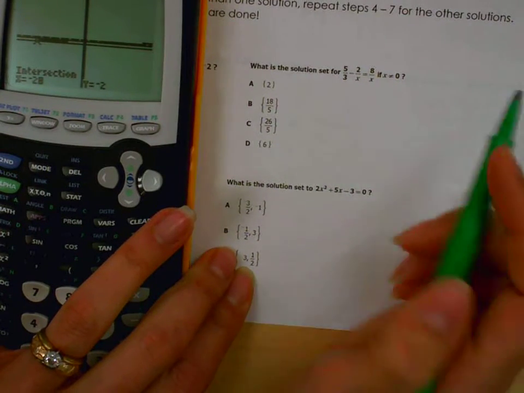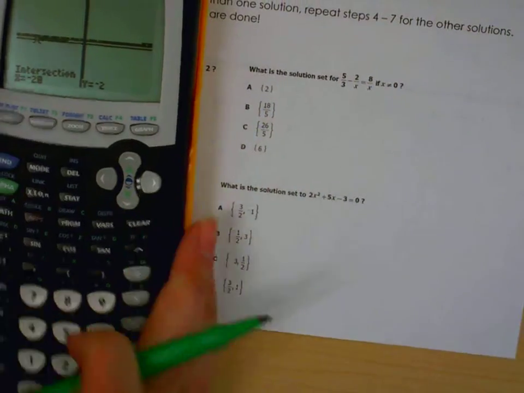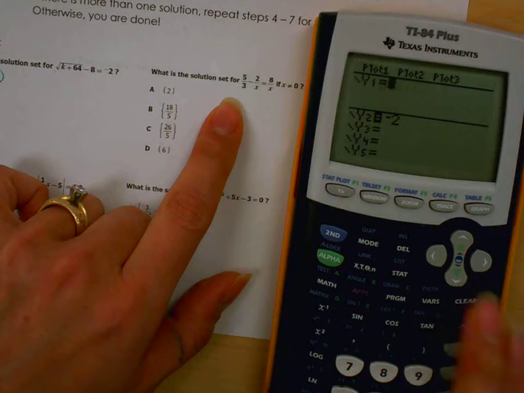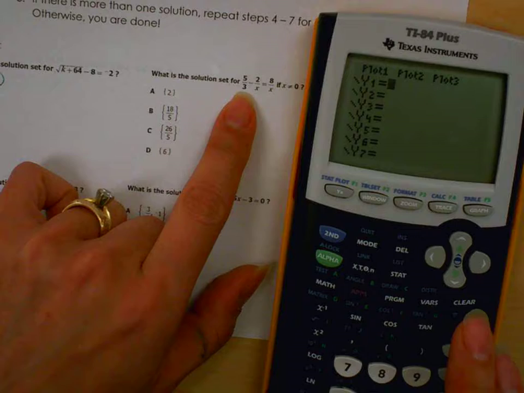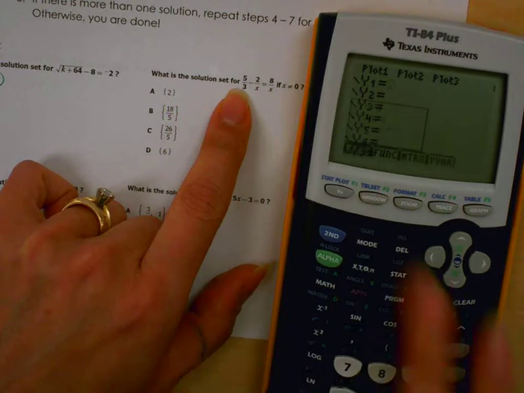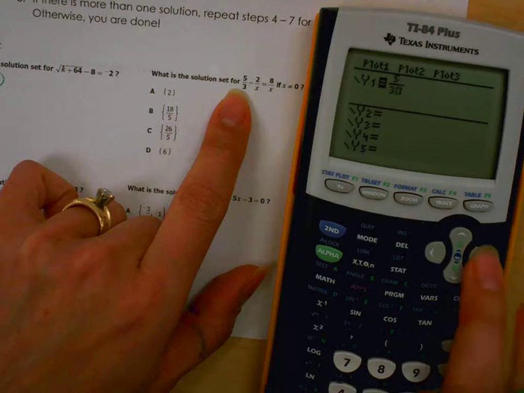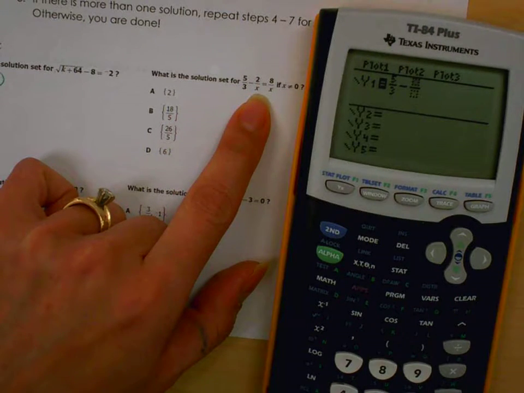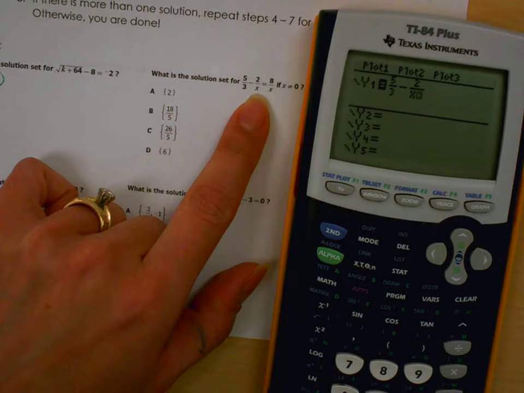So here's another problem. There's only one variable, so I know it's going to work. So again, go to y equals, put the left side of the equation into y1. So I've got 5 over 3 minus, and I'm hitting alpha y equals enter to put my fractions in, 2 over x, that's my left side.